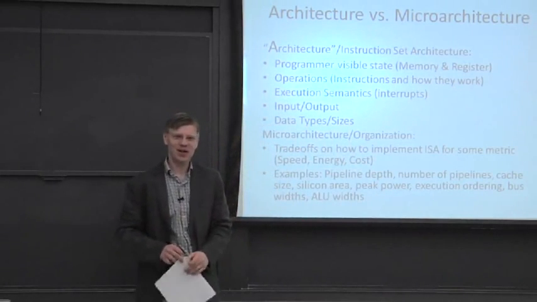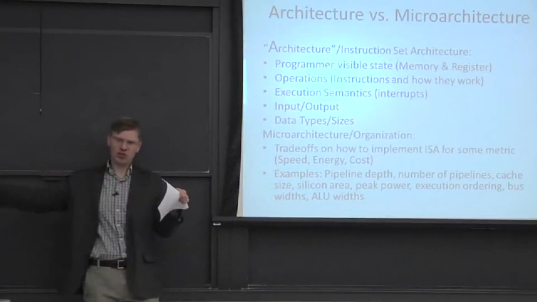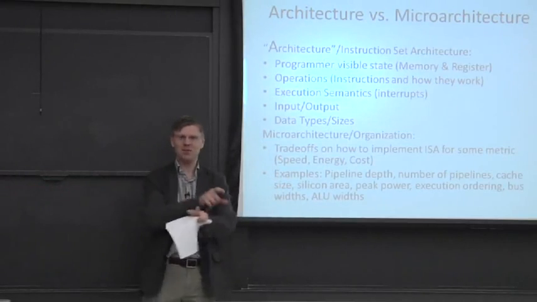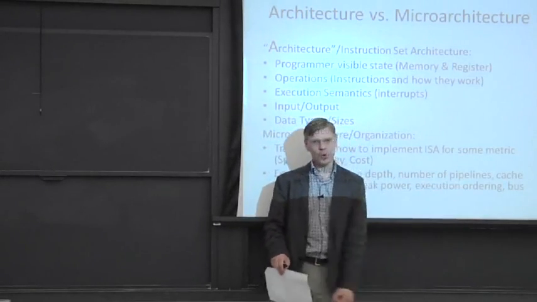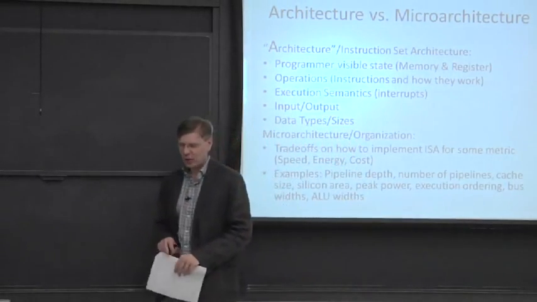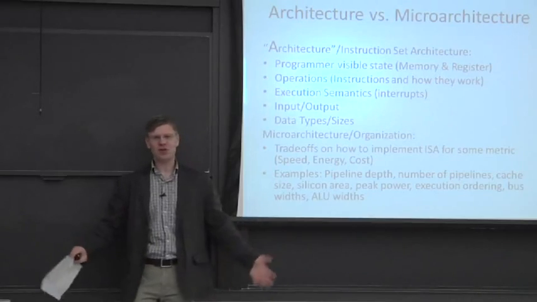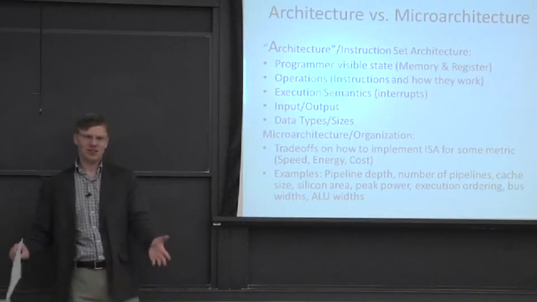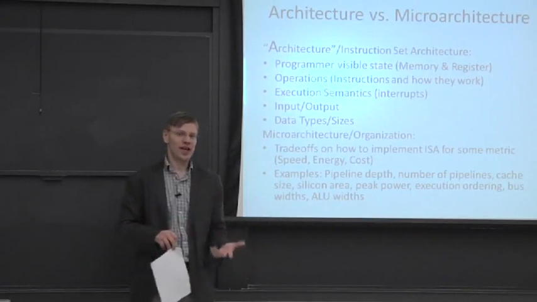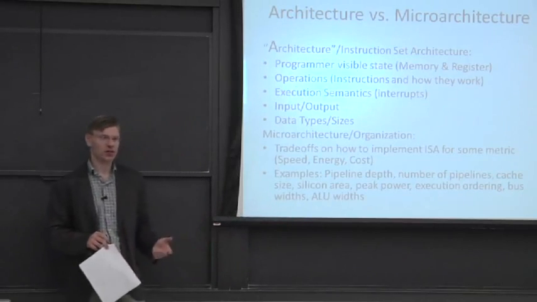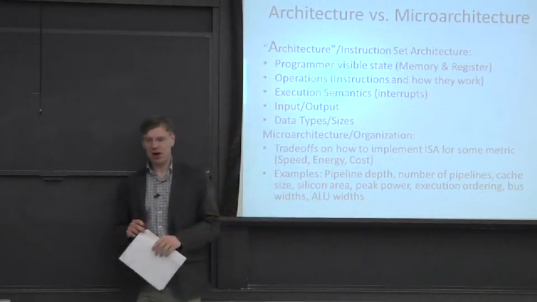It is possible to take a sequential program and actually execute later portions of the program before earlier portions of the program. That's kind of mind-boggling, but it's a way to go about getting parallelism. And if you keep your ordering correct, things work out. Bus widths, ALU widths. If you have, let's say, a 64-bit machine, you can actually implement that as a bunch of 1-bit adders, for instance. And people have done things like that in the microarchitecture. And this allows you to build more expensive or less expensive versions of the same processor.